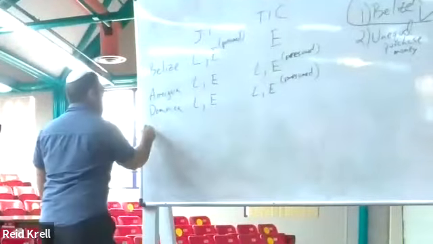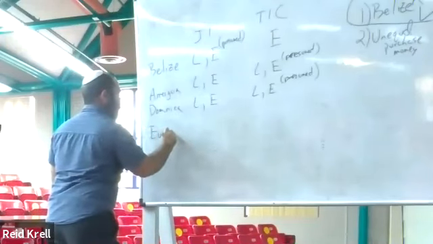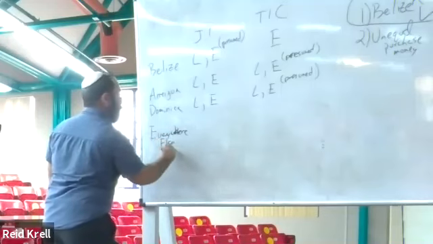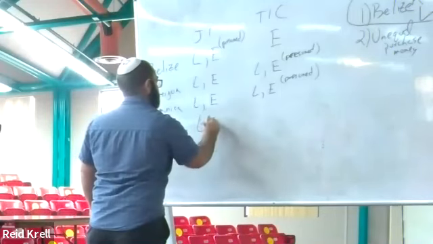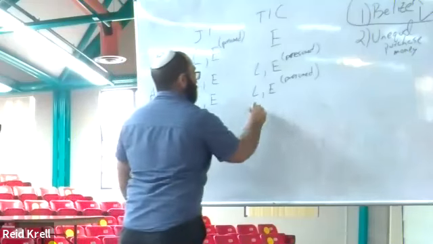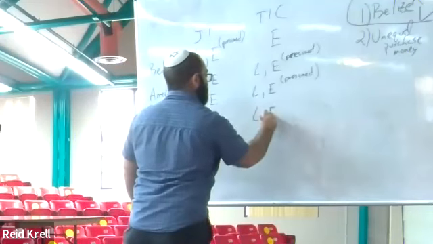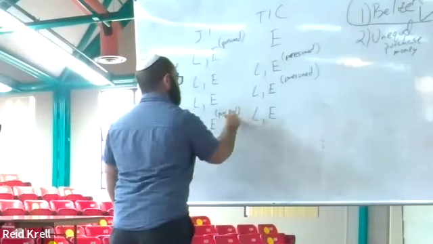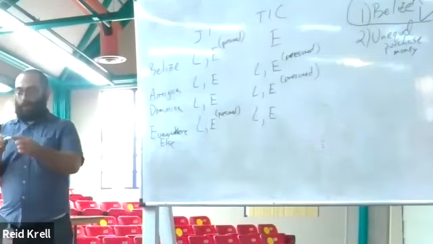And everywhere else, you can have the joint tenancy in law and equity and the tenancy in common in law and equity, and the joint tenancy is presumed. Okay?